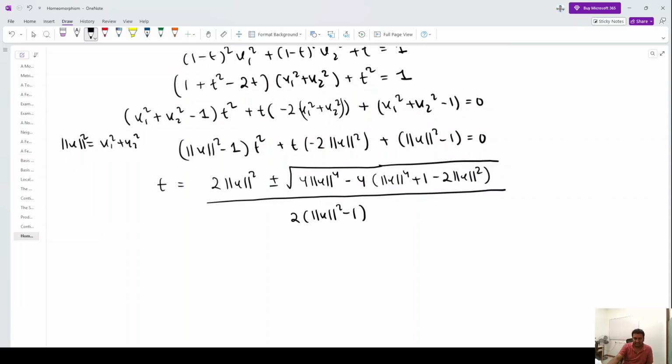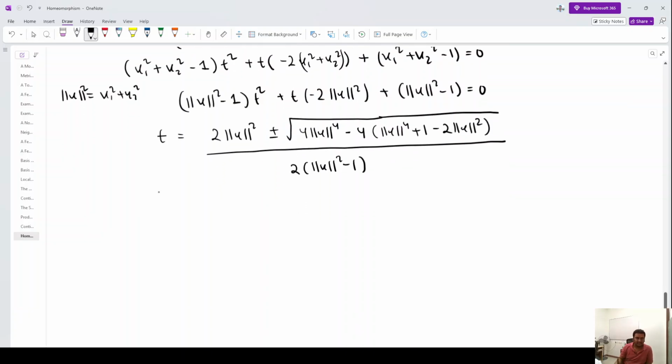Now let us solve this. It looks complicated, but it's not that complicated. Plus minus, see what is this? 4 norm x to the fourth minus 4 norm x to the fourth, gone. And then what you have?